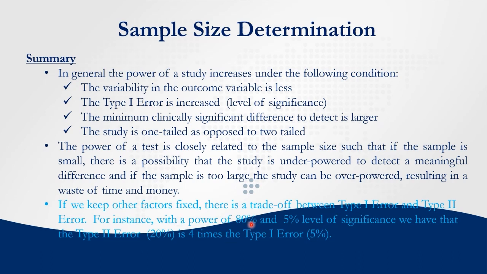For example, if the power is 80% or 0.8, and our level of significance is 5% or 0.05, we can say that the type 2 error is 4 times the type 1 error. So there is that trade-off.